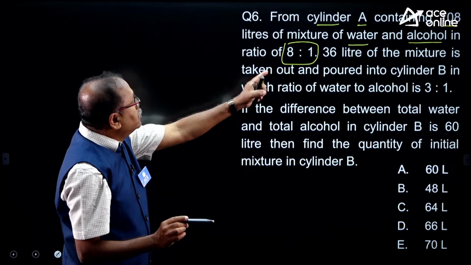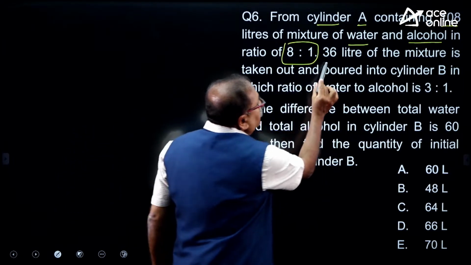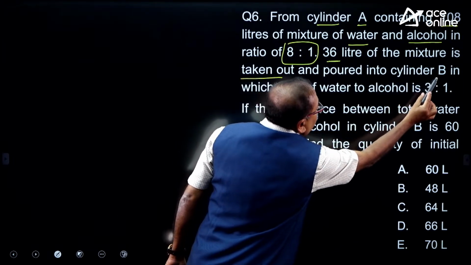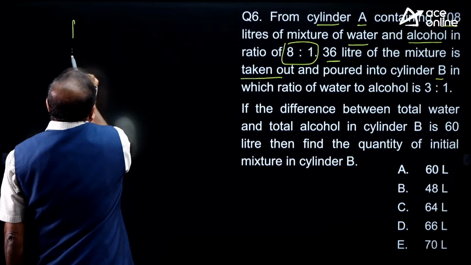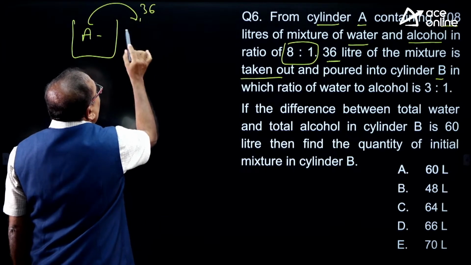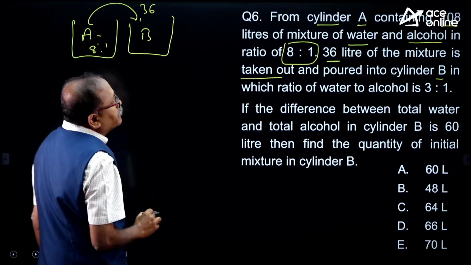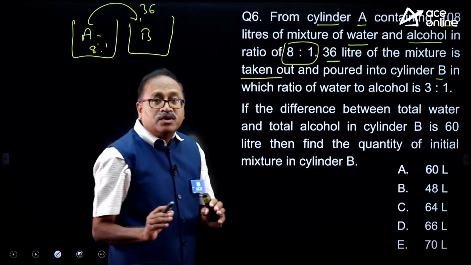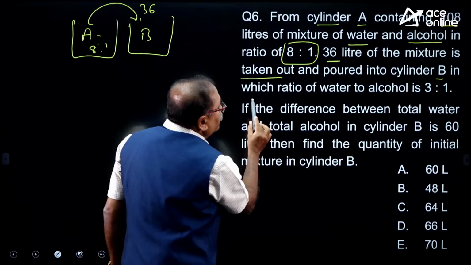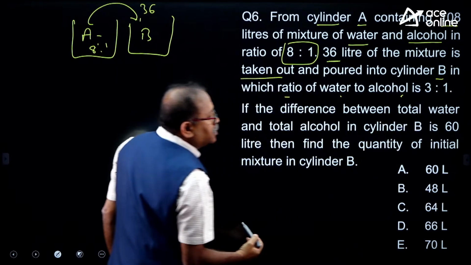The statement is very clear. 36 liters of the mixture is taken out and poured into cylinder B. So from cylinder A you have taken 36 liters and poured into cylinder B, in which the ratio of water to alcohol is 3:1.